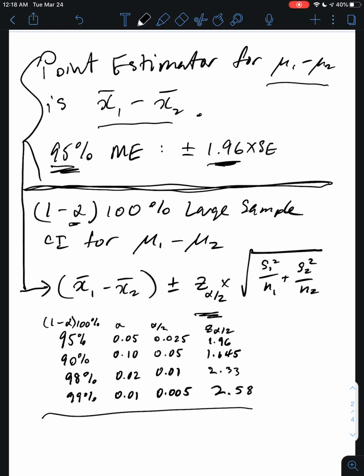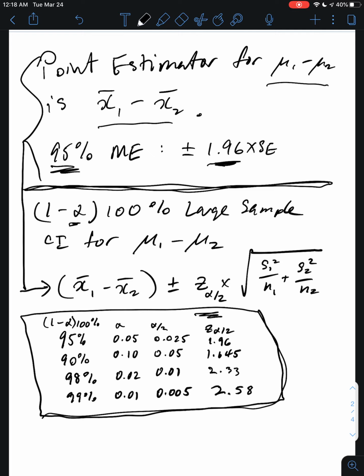And this table is exactly the same as it was in section 8.4. So it's always going to be the same. For chapter 8, chapter 9, we're going to repeatedly use this table, which is why I put it into the formula sheet. It's very important. And when you do enough of these, you end up just memorizing these numbers. But for now, you can refer to the table in the formula sheet.